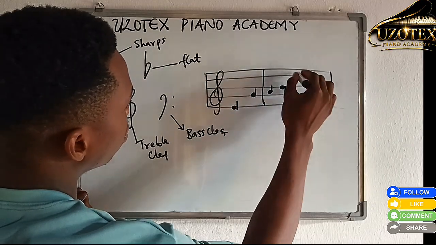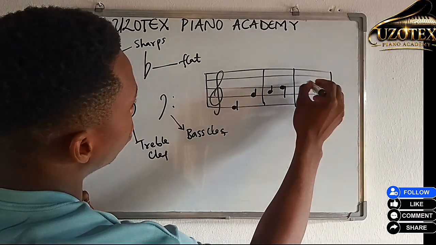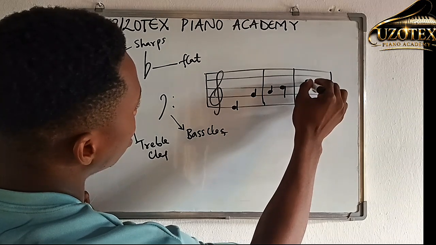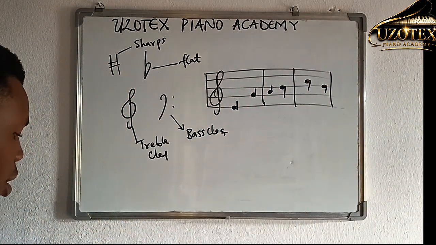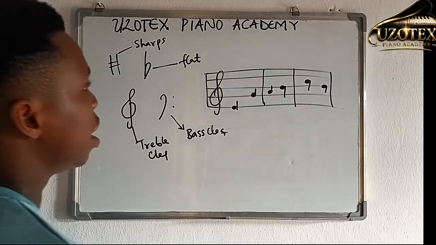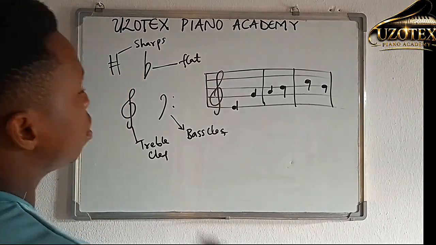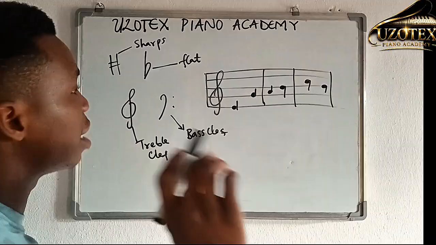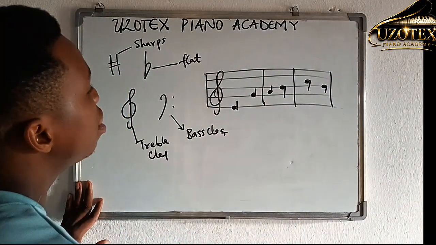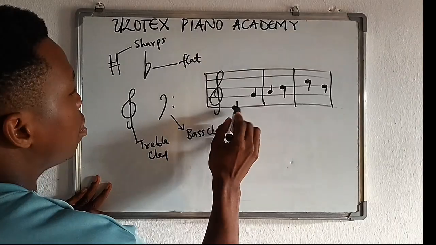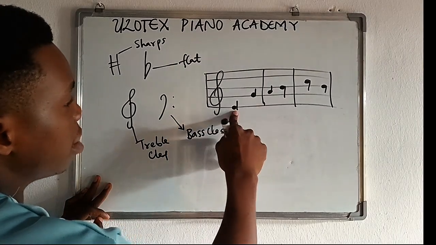Now let's have another crotchet here and another crotchet here. So what is this trying to tell us? It is trying to tell us that for you to play this on the piano, you are going to, what line is this crotchet placed on?